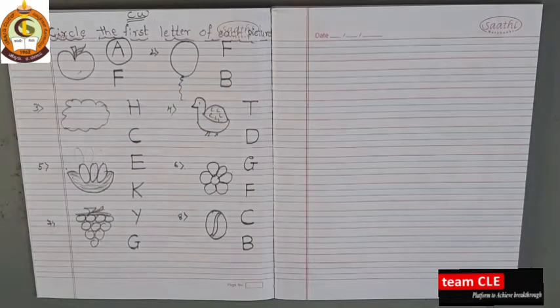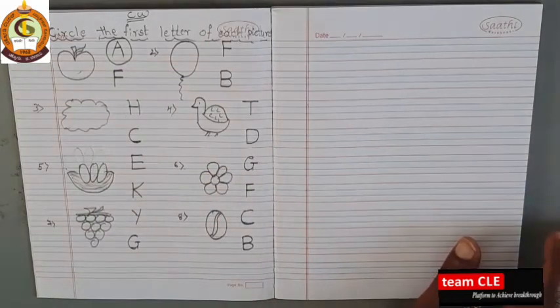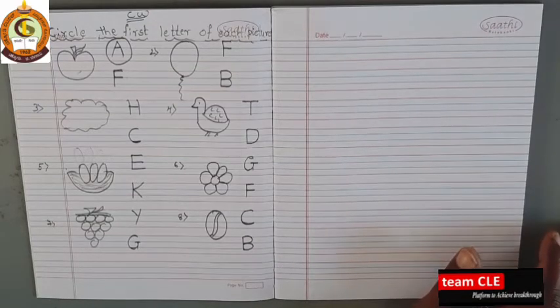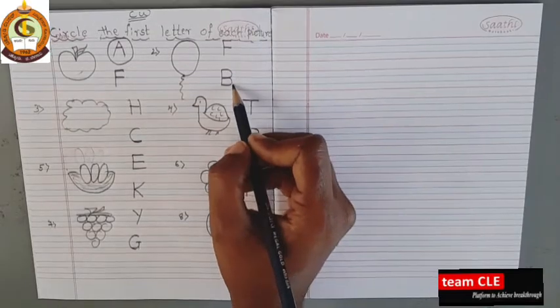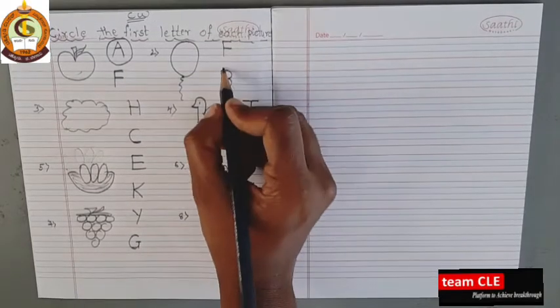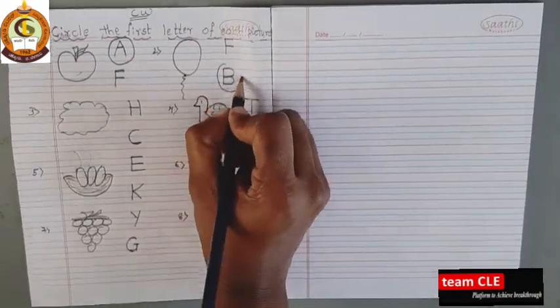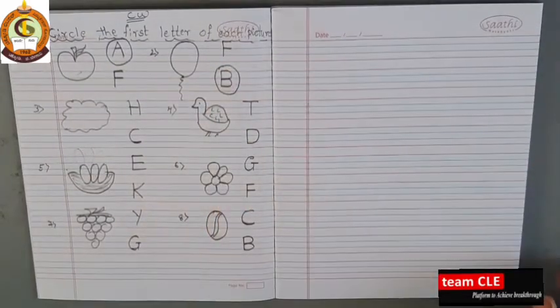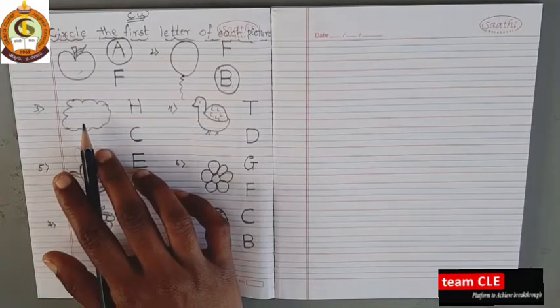So next picture is what? Balloon. What is the first letter of the balloon picture, F or B? B. B for balloon. So circle the B letter. Next picture is what?